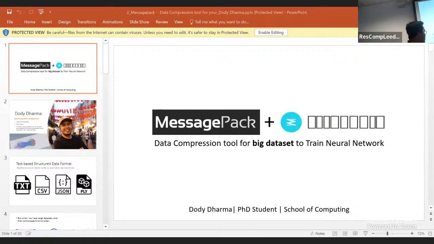Yeah. So after we convert and store the data into binary, we then extend the compression using the real-time compression tool called Zstandard. This is, I think, published by Facebook. So this is a very good compressor, not just has a good compression ratio, but also has a very high speed extracting time.